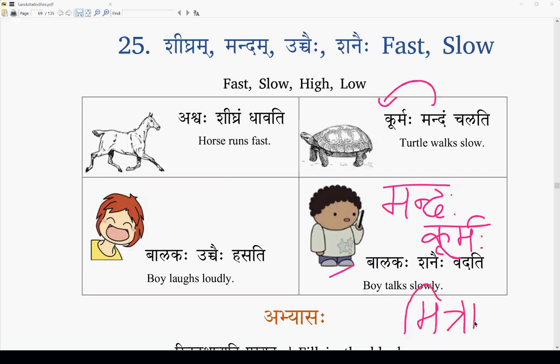Mitram is a Napunsakalinga shabda meaning friend. It could be a boy or girl, but mitram is always Napunsakalingam, whether boyfriend or girlfriend. So if you want to say lethargic mitram, it becomes mandam mitram.